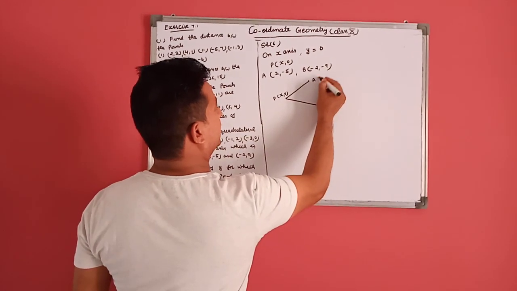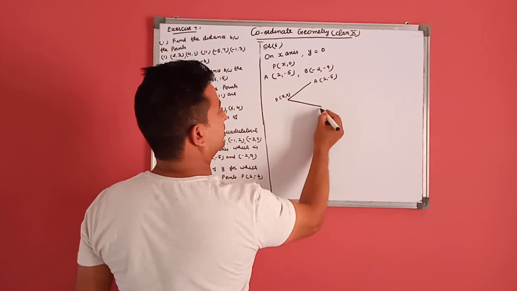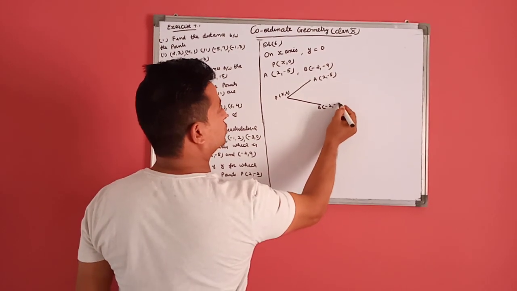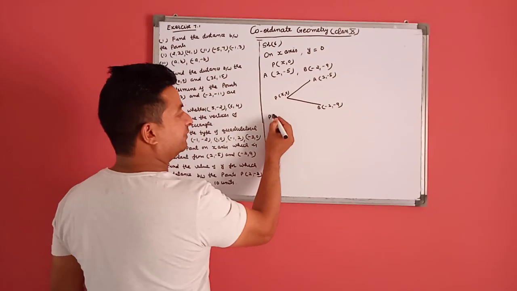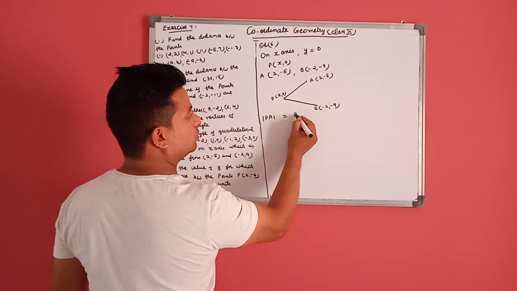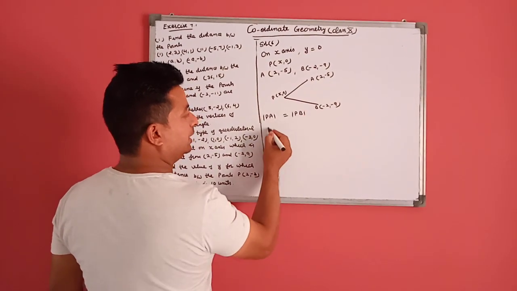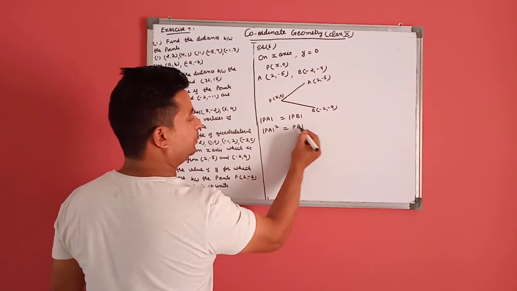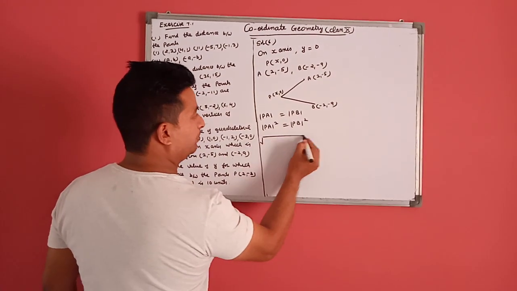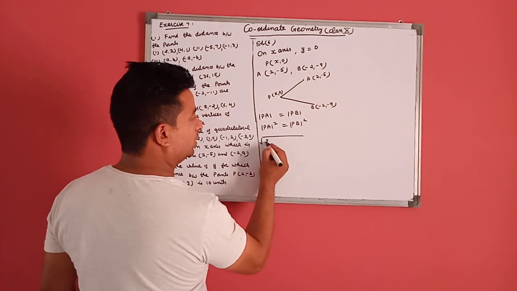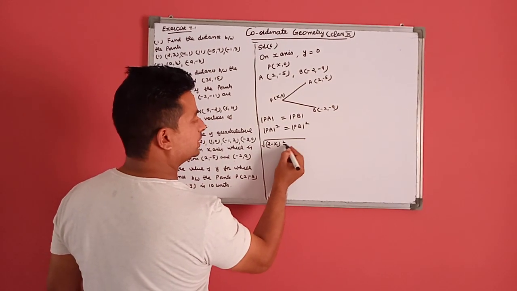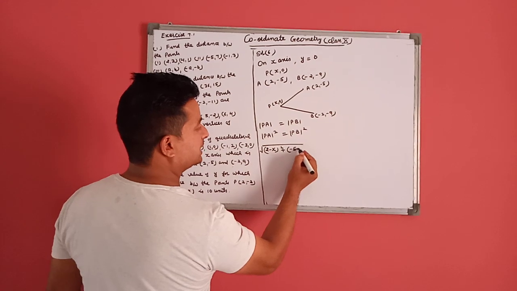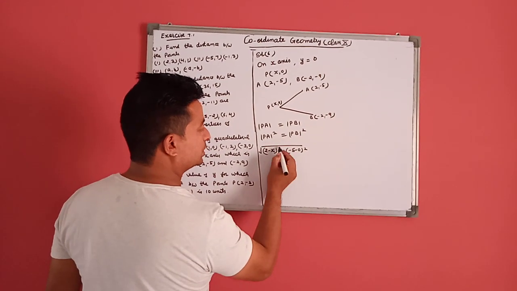A is 2, minus 5 and B is minus 2, 9. We have given PA distance equal to PB. When we square both sides, PA square equal to PB square. PA by using distance formula: (2 minus x) whole square plus (minus 5 minus 0) whole square.